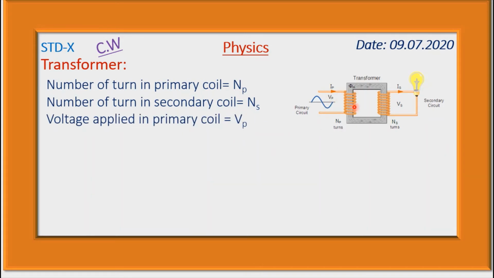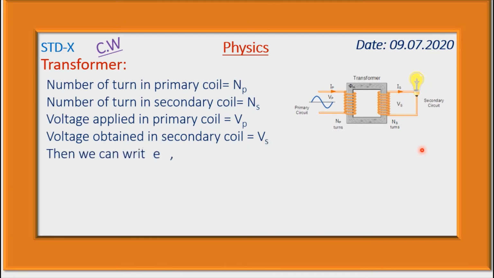Here Vp voltage is applied, and the voltage obtained in the secondary coil, the output voltage, is Vs. Then we can write Vs/Vp = Ns/Np, or Vs = (Ns/Np) × Vp. The voltage obtained from the secondary coil can be calculated using this formula.